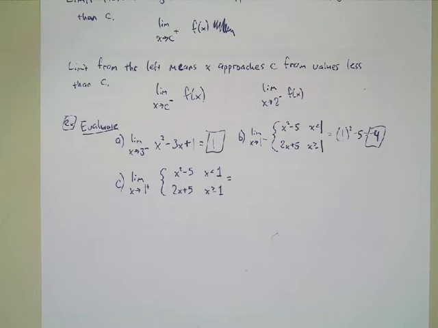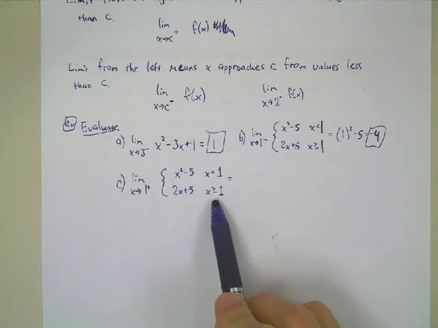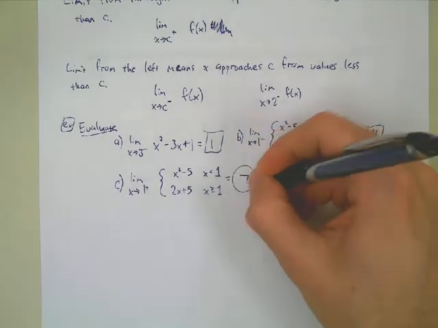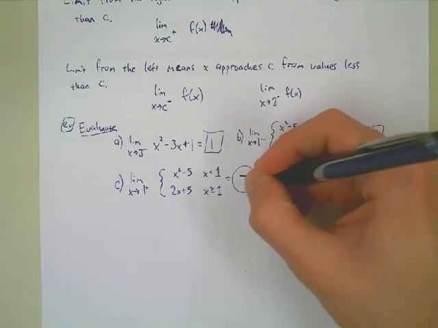Not just because it's equal to 1. Remember, we're taking a limit. We are approaching 1. From what side are we approaching 1 here, Emma? From the right-hand side. That means values greater than 1. So we want to use the bottom one because this has x values greater than 1. Okay, so 7. And you're good on that now? All right.